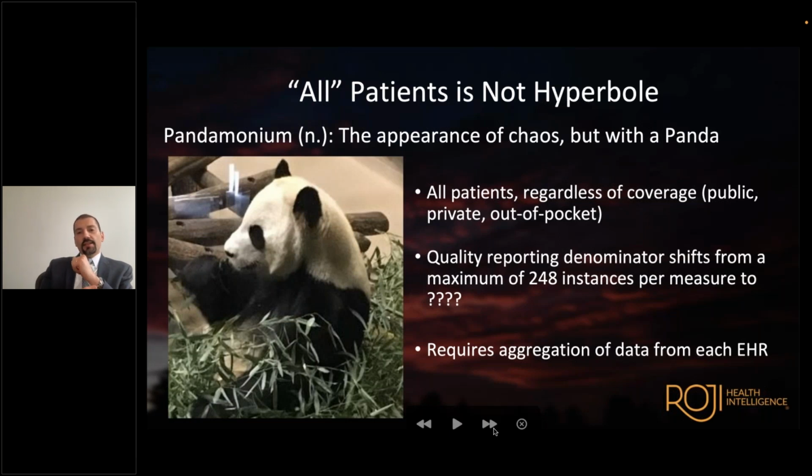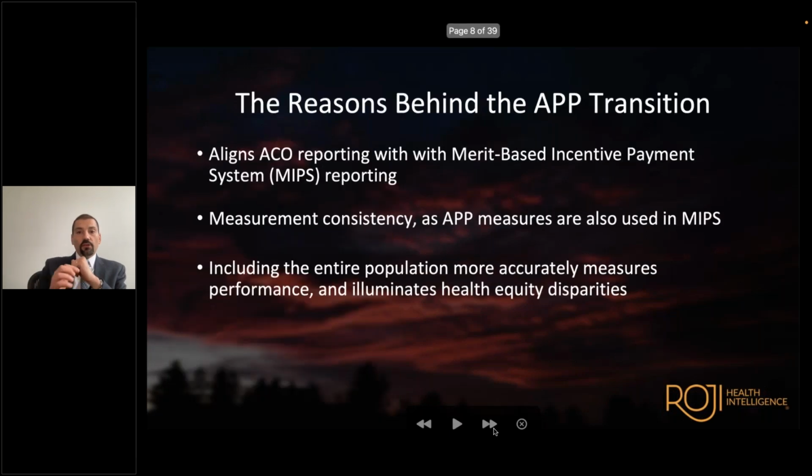When you're looking at the APP, you're looking at all patients who, let's say, have diabetes and have been seen. This is potentially thousands and thousands and thousands of patients. And so the idea of abstracting charts is not something that is going to be feasible in this situation. And so you really do need to be able to capture that information within each EHR and ensure that it can be reported outbound.